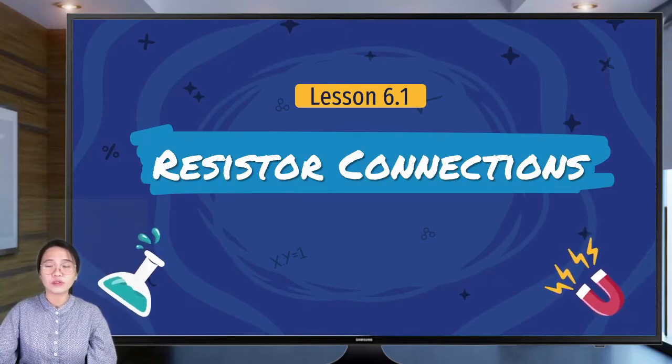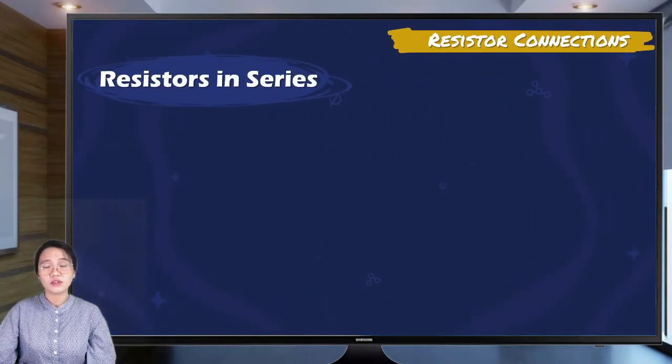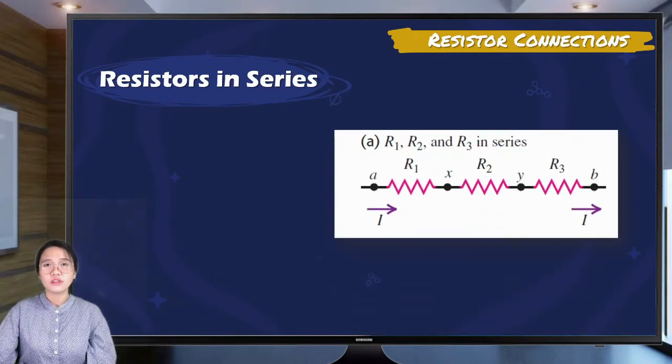Lesson 6.1 is the resistor connection. Just like capacitor connections, we have two: the series and parallel connections. The first one is resistors in series. This is how resistors look if they are connected in series: they are just connected in one line. We have R1, R2, and R3. You will do the same as how you identified capacitors in series and in parallel.